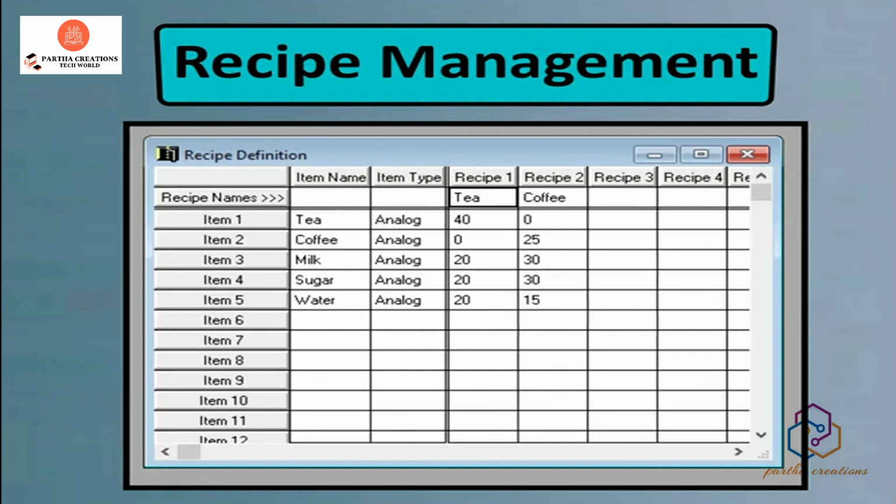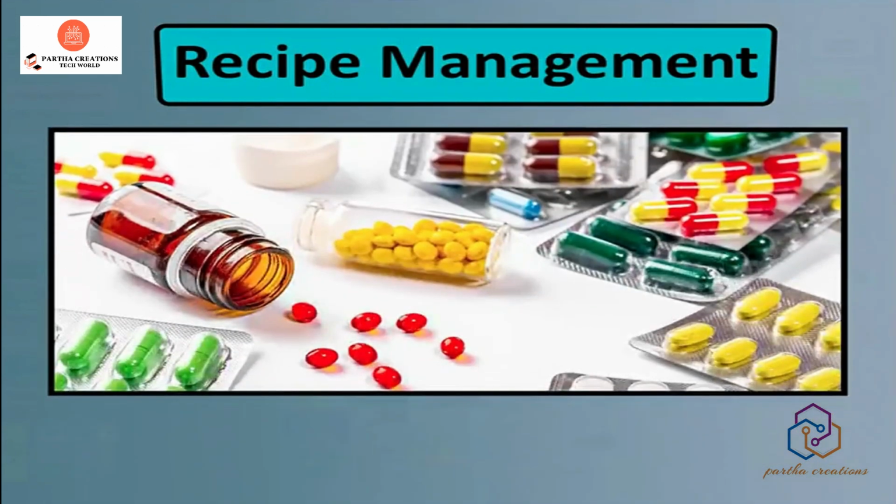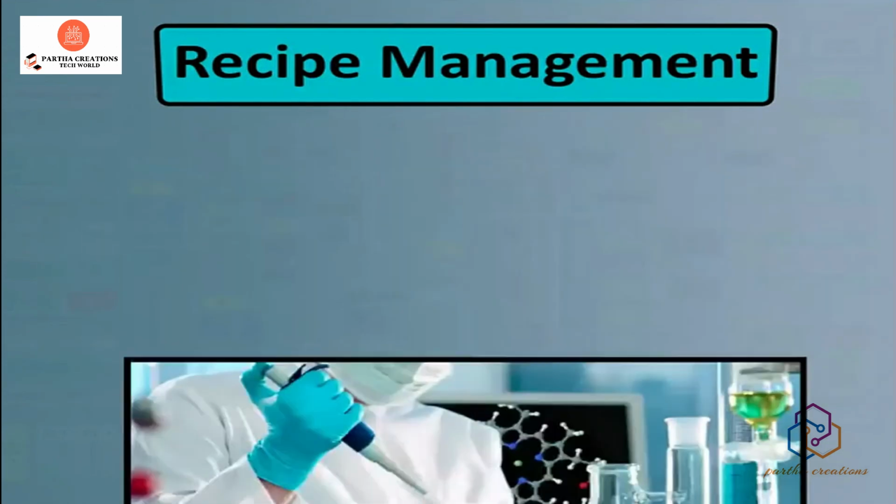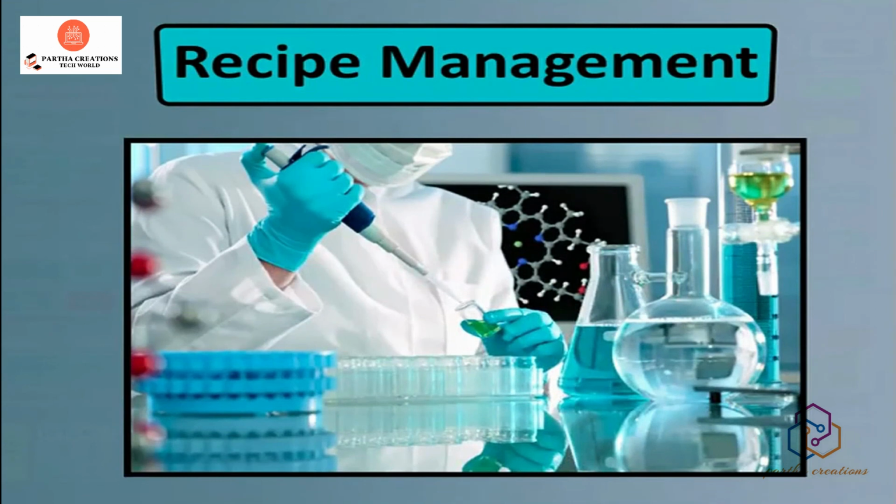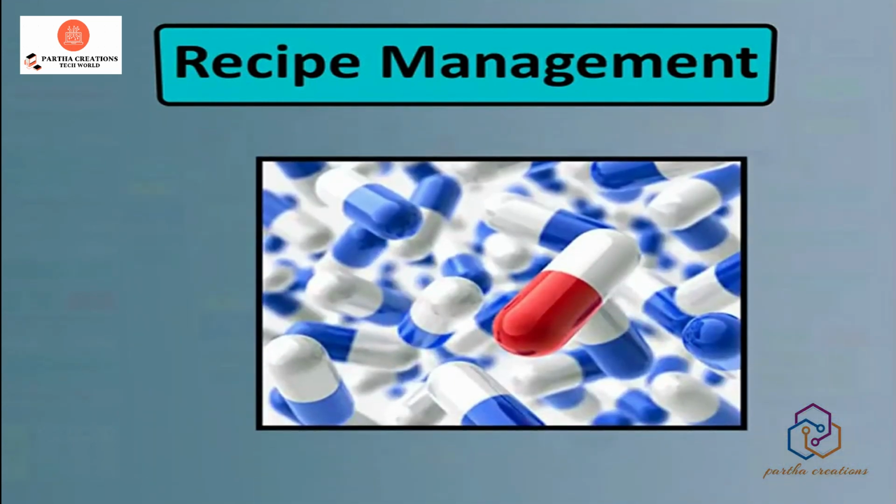This is particularly used in the pharma and medical industry, and it is used widely there. The medicines that are made there are made of different ingredients in different quantities, and after mixing it all, a final product is produced.